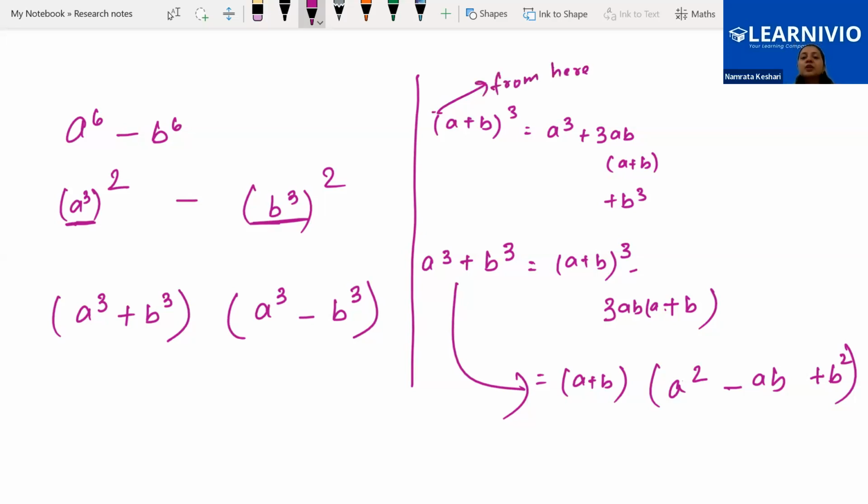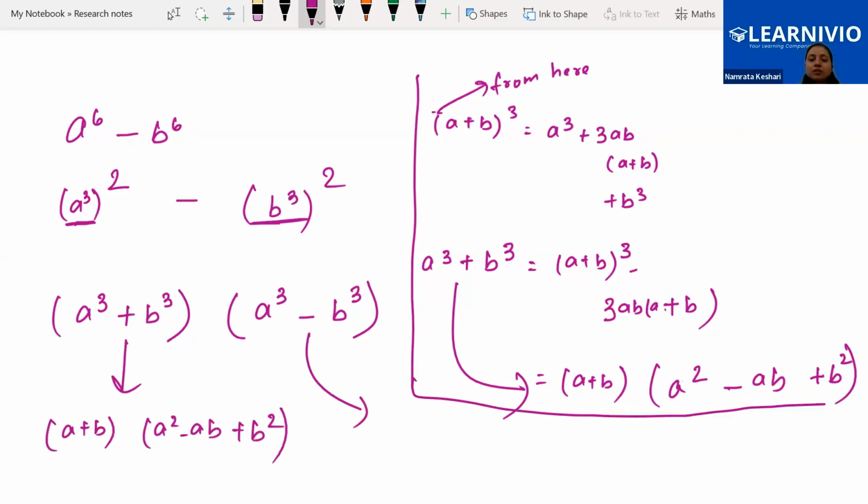A cube plus b cube formula is a plus b in one bracket, in another bracket a square minus ab plus b square. So let's use it. A plus b in one bracket, in another bracket a square minus ab plus b square. A cube minus b cube formula is, yes, Anam, what is the formula for a cube minus b cube?